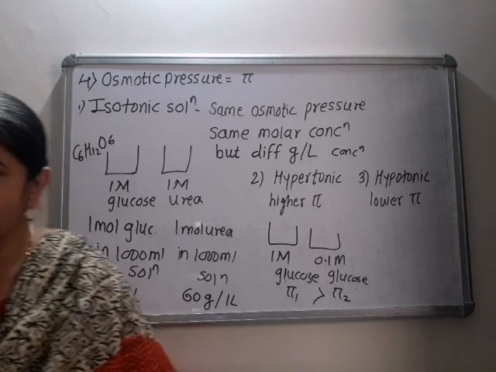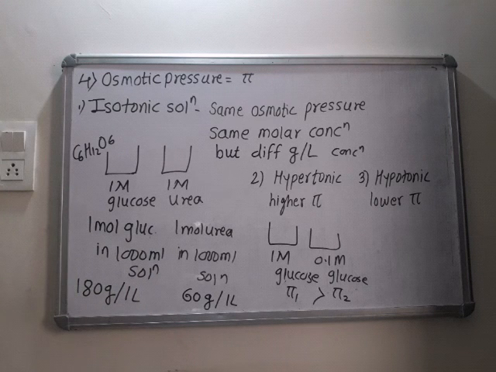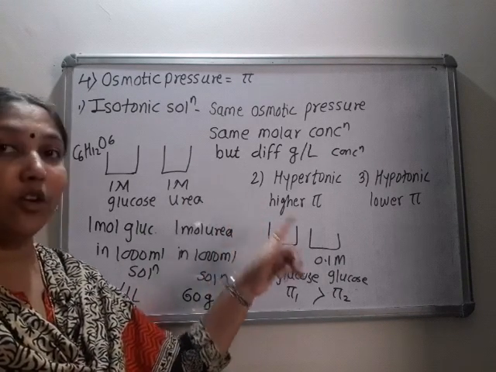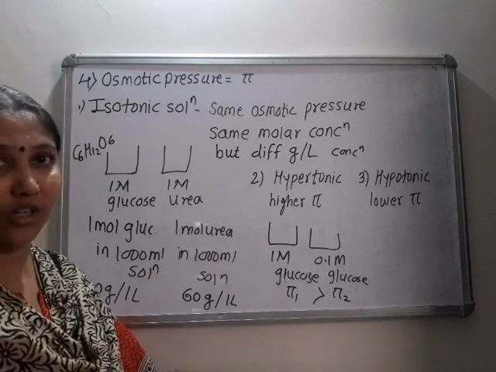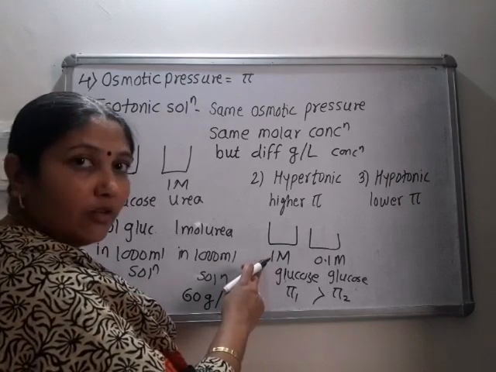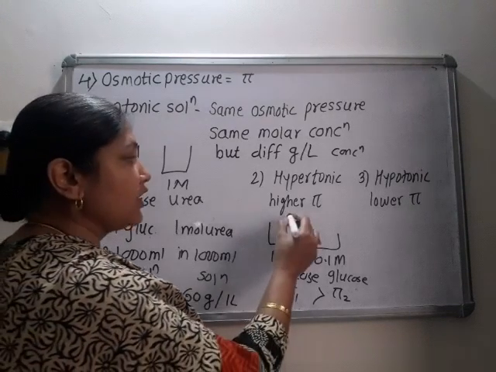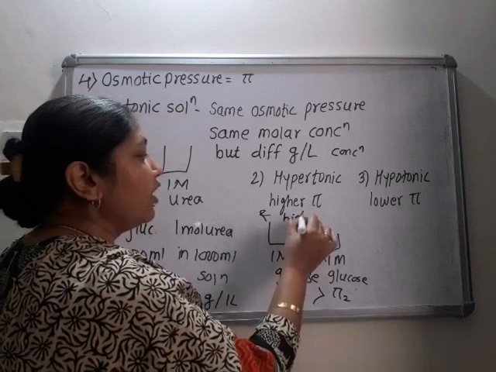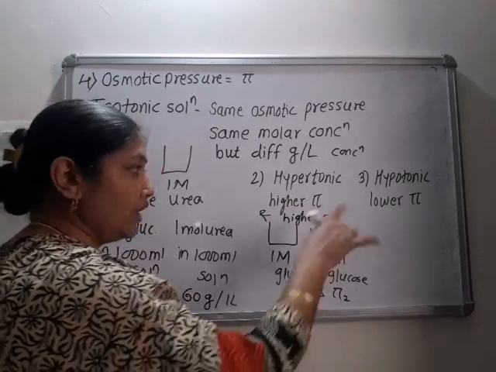Clear these three terms? One is isotonic solution, second is hypertonic solution, and third is hypotonic solution. Isotonic means same osmotic pressure, same molar concentration. Hypertonic means higher osmotic pressure and higher concentration, right? 1 molar glucose means higher pi and higher concentration.